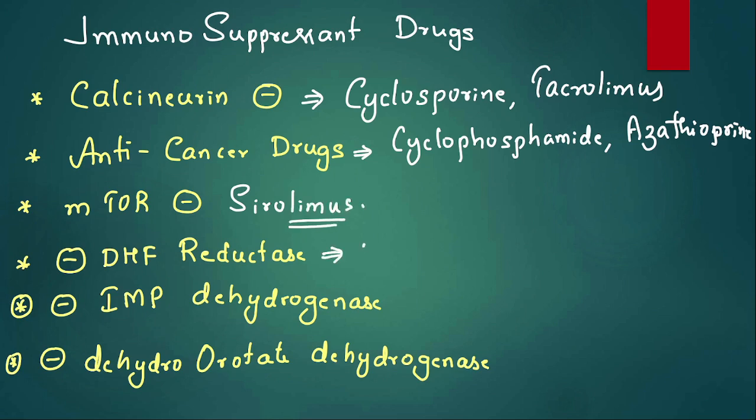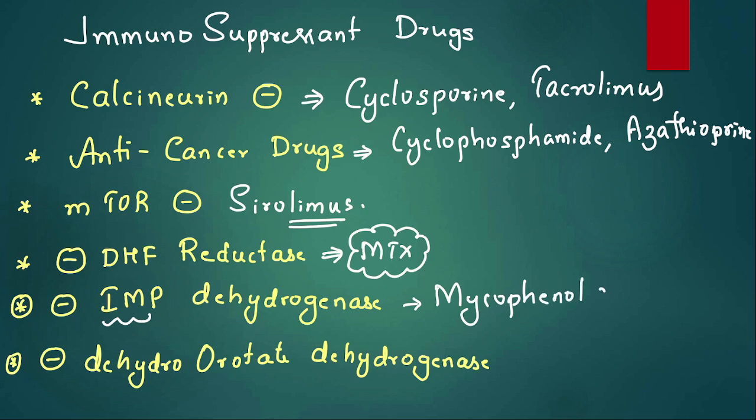Dihydrofolate reductase, the drug is called methotrexate. Let me repeat the name, methotrexate. Inosine monophosphate dehydrogenase inhibitor, the drug name is mycophenol mofetil. All these are used as immunosuppressant during organ transplant.